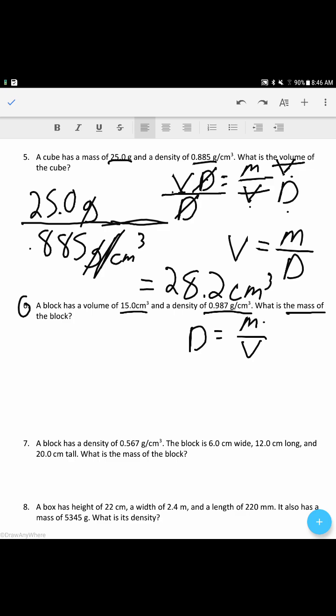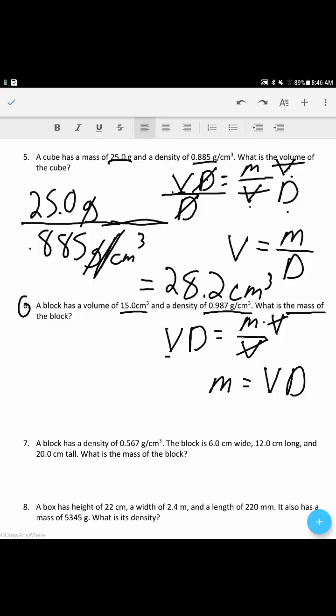So we're going to try to get M by itself by multiplying V on both sides. V cancels out over here, and we're left with this V over here. And then M is by itself, so that's it. M equals V times D is our final equation.